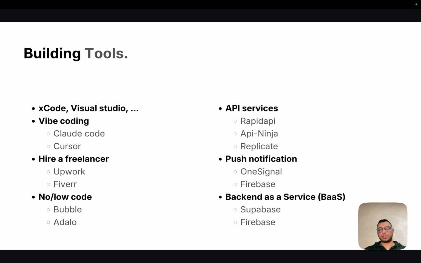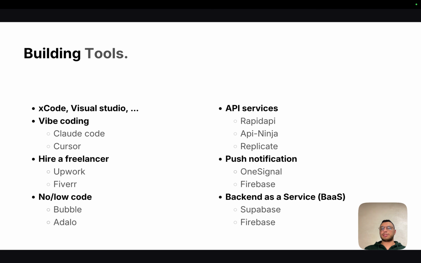There is a lot of tools we can use here. We can hire a freelancer using Upwork or Fiverr. We can use Bubble or Adalo or others for no and low code. If we want to use an API service, we can use RapidAPI, API Ninja, Replicate, and there are many other tools in this part. For push notification, we can use OneSignal or Firebase. For backend as a service, we can use Supabase or Firebase.